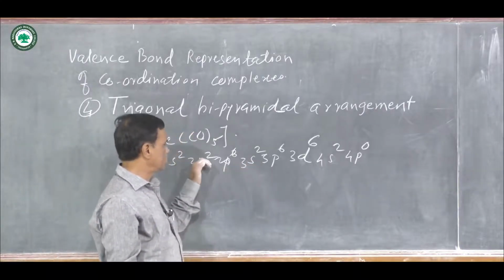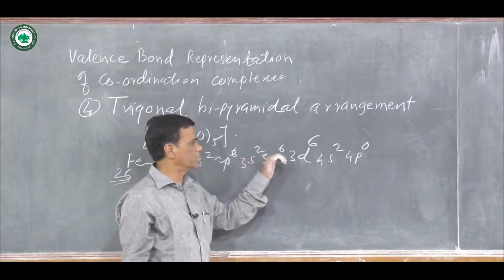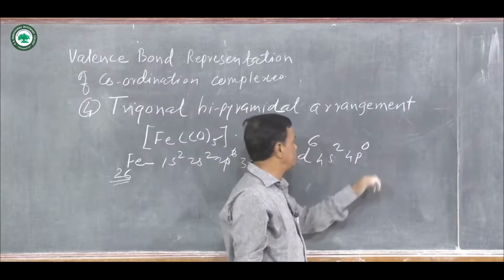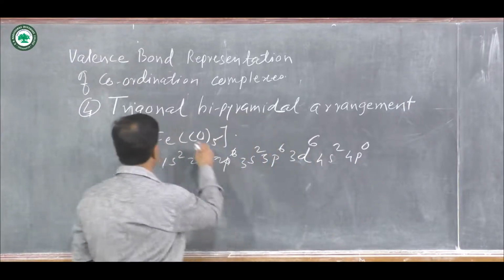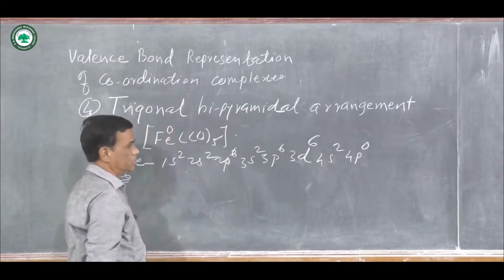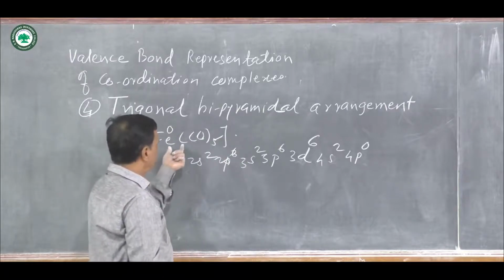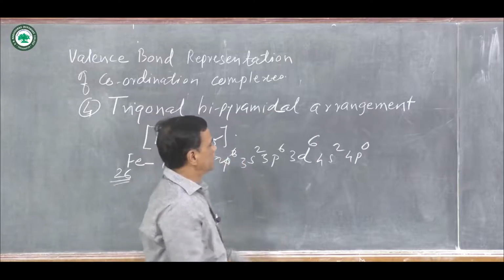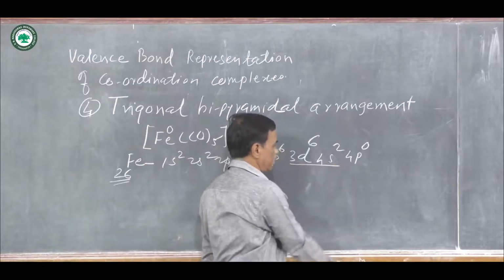In this complex, the charge on iron is equal to 0, meaning the ground state electronic configuration, and in the complex the same arrangement occurs.